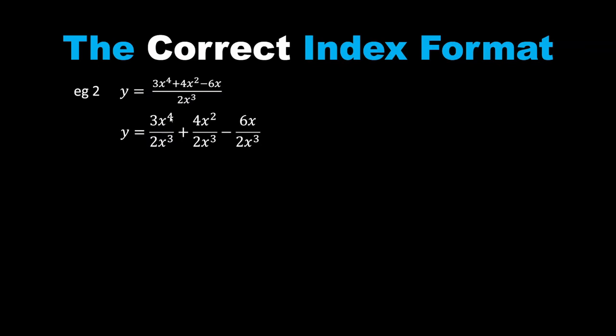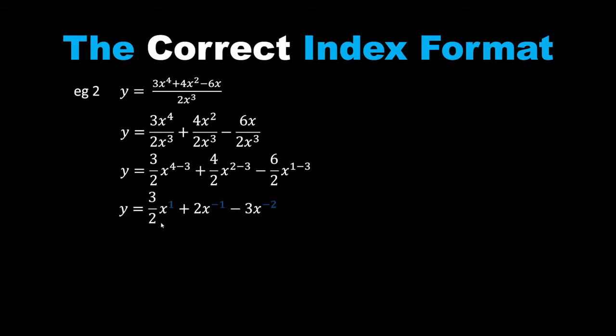X to the power of 4 divided by x to the power of 3, the division law tells me to subtract those indices. So that's going to be 3 over 2, x to the power of 4 minus 3, and 4 over 2 times x to the power of 2 minus 3, and 6 over 2 times x to the power of, now if there's no power there, remember that's 1, so this is 1 minus 3.